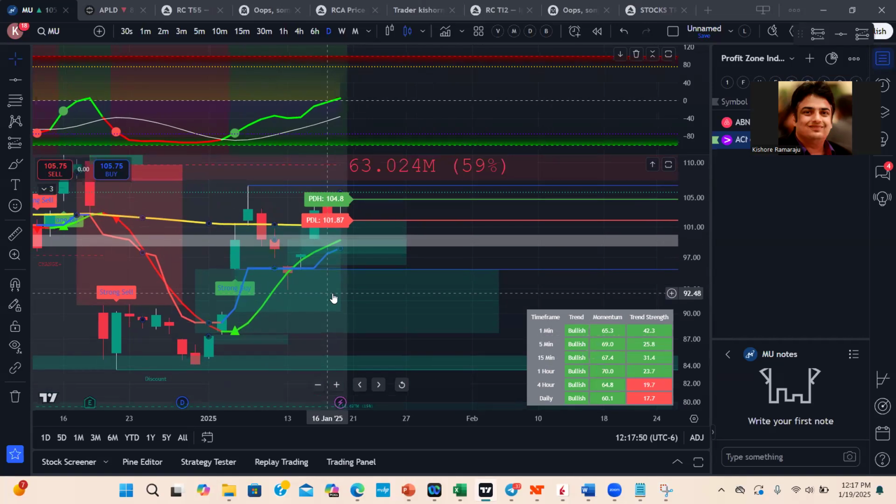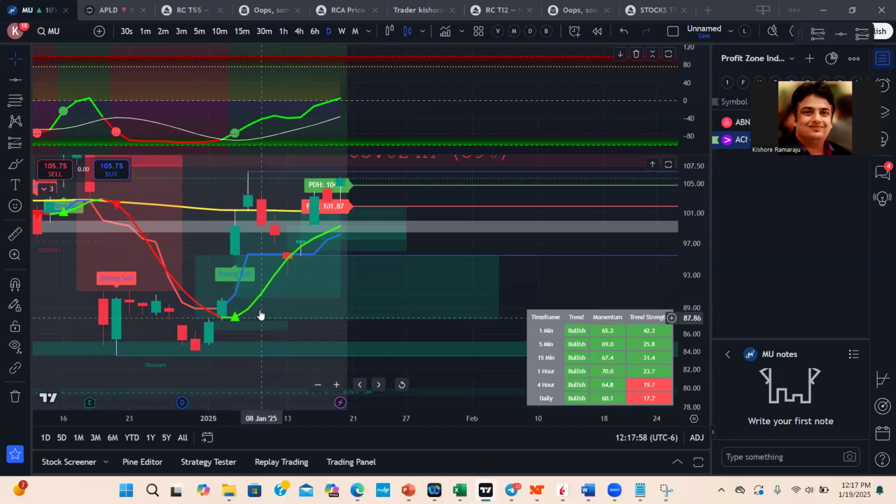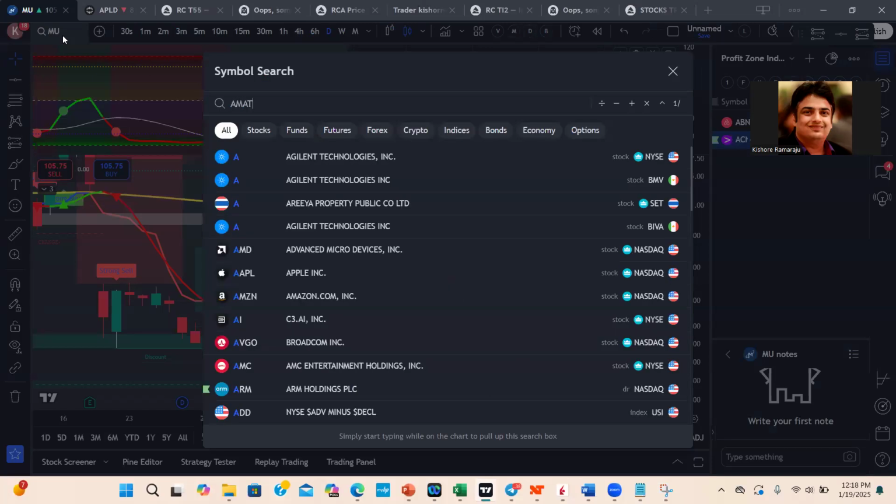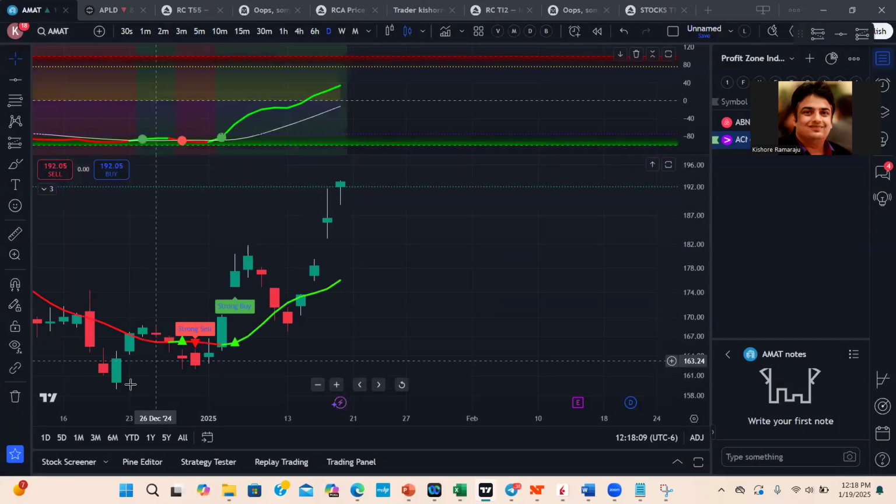So one is your profit zone indicator is telling us what dates it can move. Then we can come here and you can check that, okay, now my price pulse is also at a bottom. So definitely I can see a lot of buy orders, it can go up. Or Amat is at a bottom, it came all the way to the bottom.